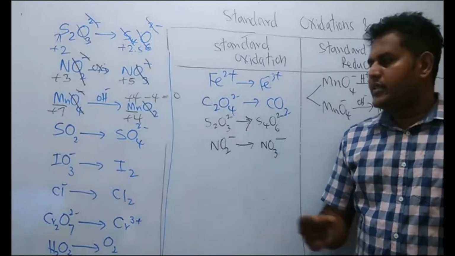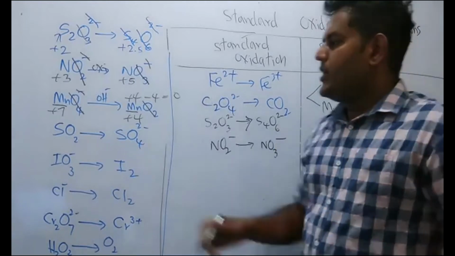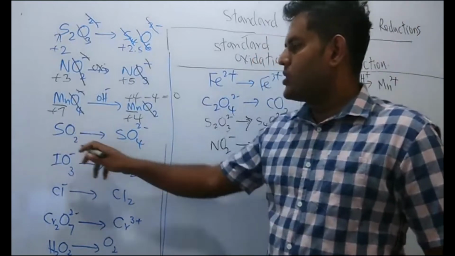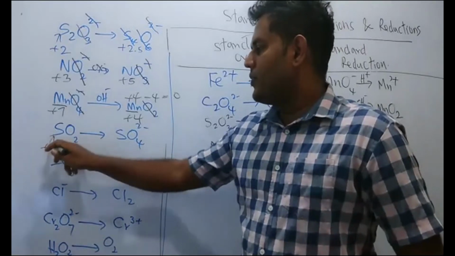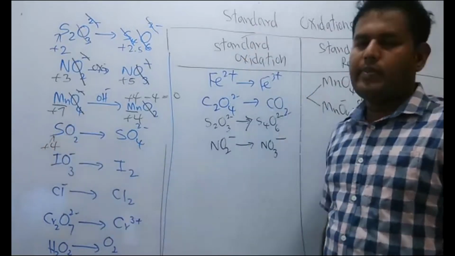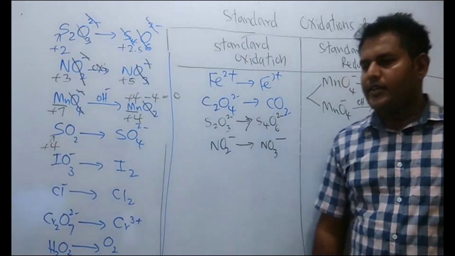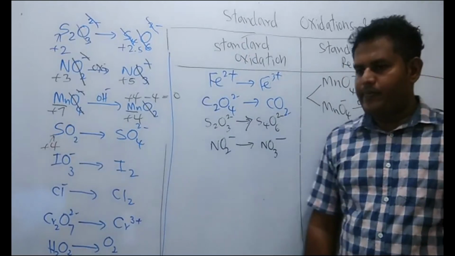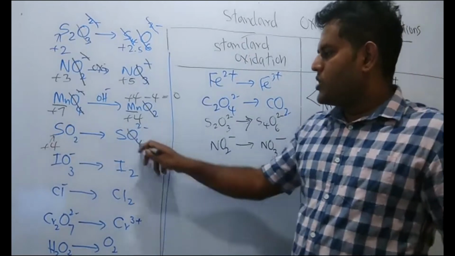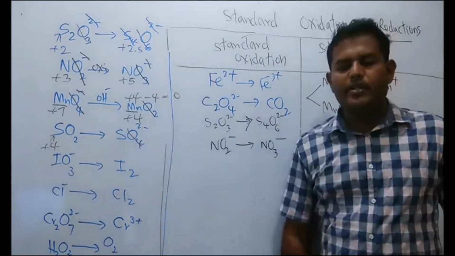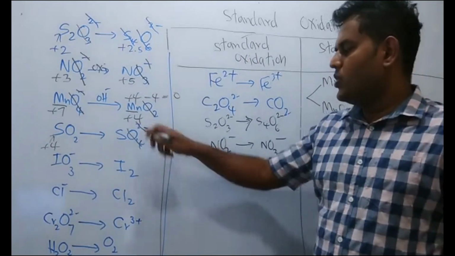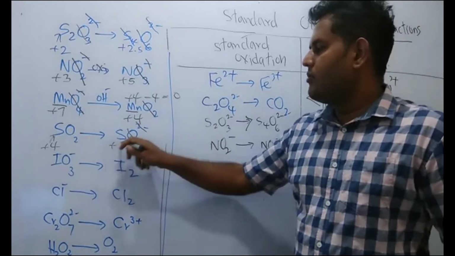Right. So what is the transition? Here one oxygen is minus 2, 2 oxygens minus 4, so sulfur is plus 4. On the other side, one oxygen is minus 2, 4 oxygens minus 8. From that minus 8, subtract this 2, minus 6, then this sulfur is plus 6.